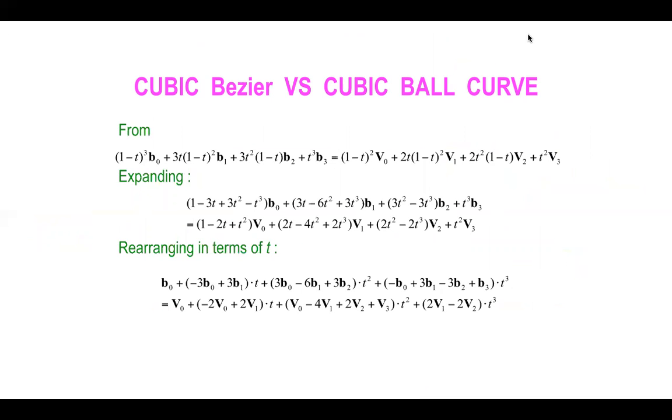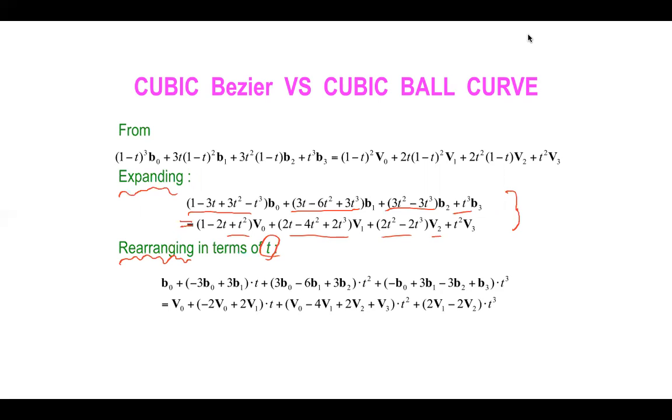Then when we equate them, both of them, we have to expand the polynomial and make it equal, because we want to rewrite or rearrange this formula in terms of t.